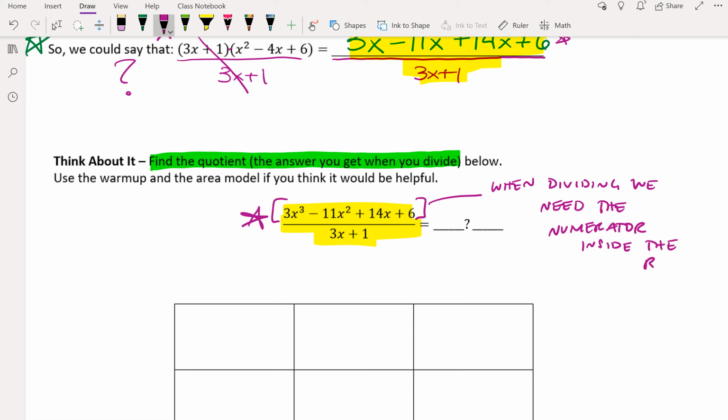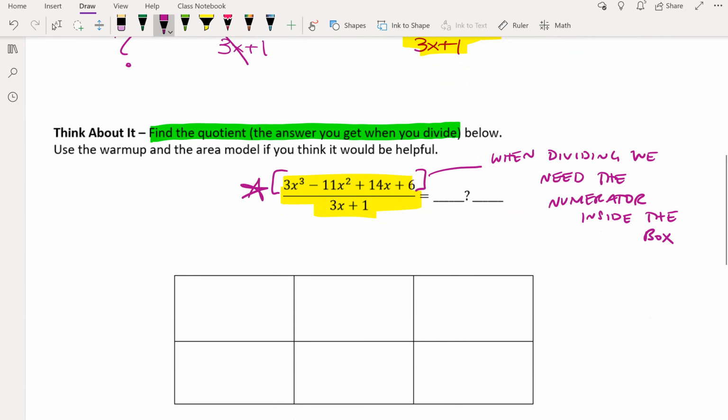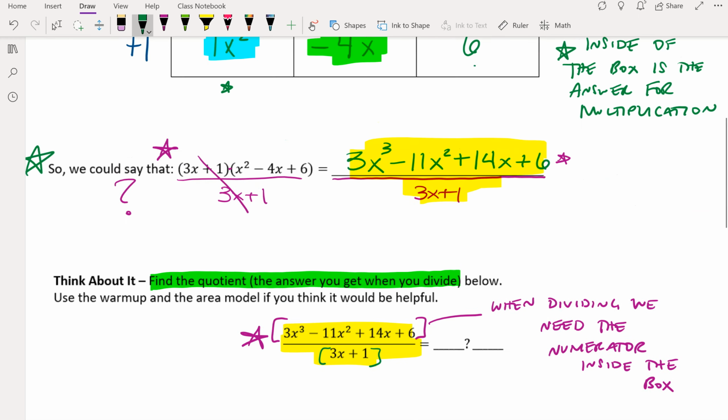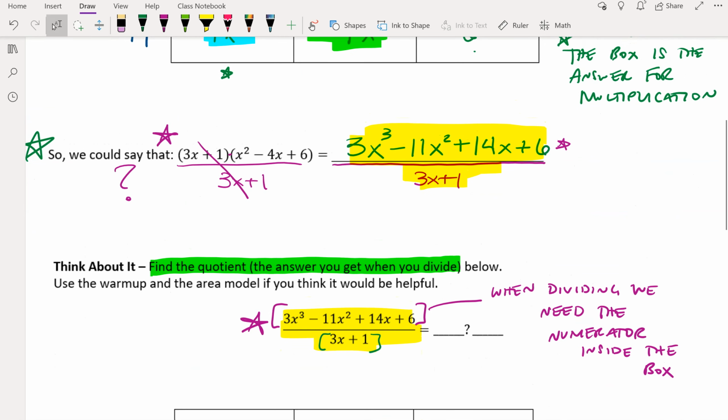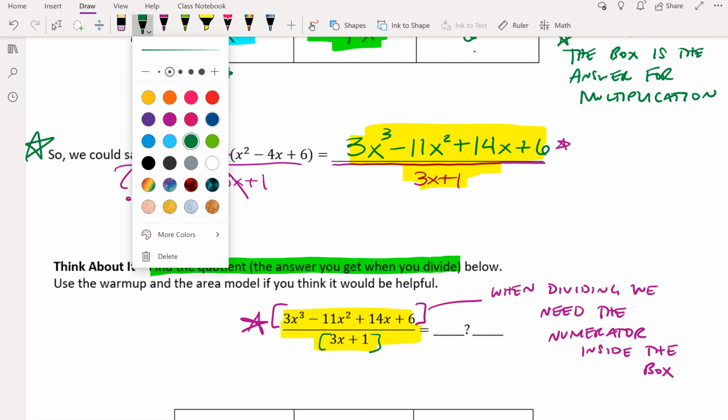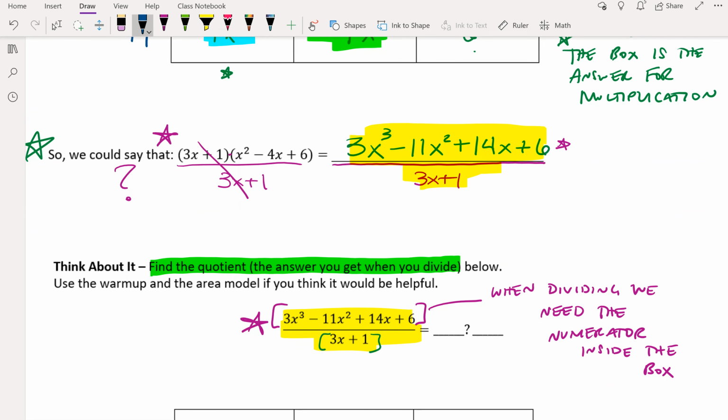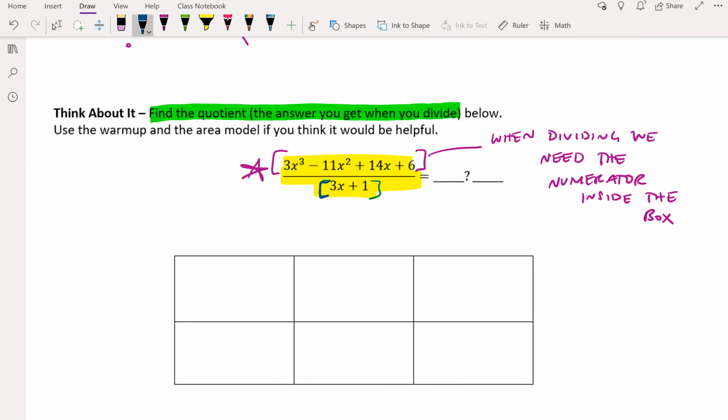We need the numerator inside the box. And then we can still keep the 3x plus 1 on the side of the box. I'm trying to keep my colors consistent, sorry. I did this in blue. The 3x plus 1 can go over here. So the denominator stays on the outside of the box.